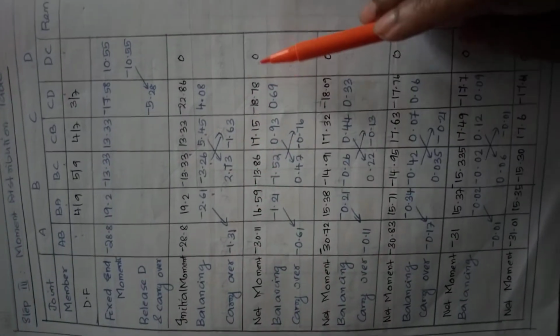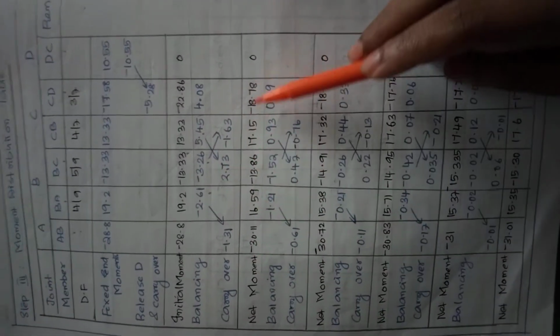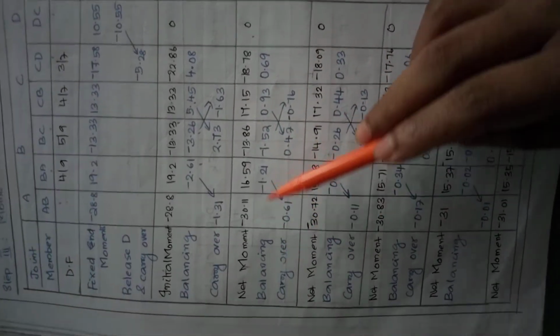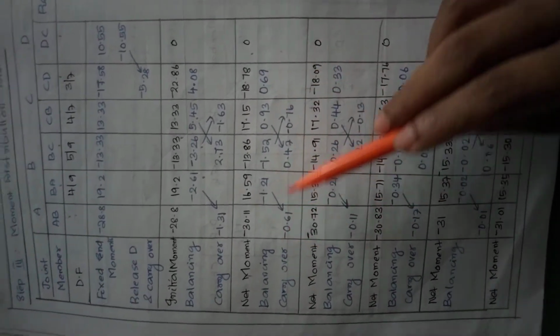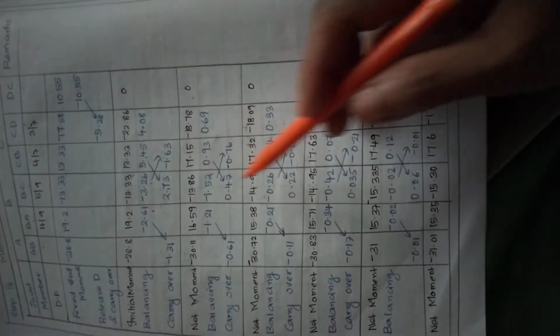Then find the net moment. Add all these. Add to the initial moment. Find the net moment. Then again repeat balancing and carry over. Find the net moment. Again balancing and carry over. Find the net moment. Continue this step until the moments at the joints become equal and opposite in sign.